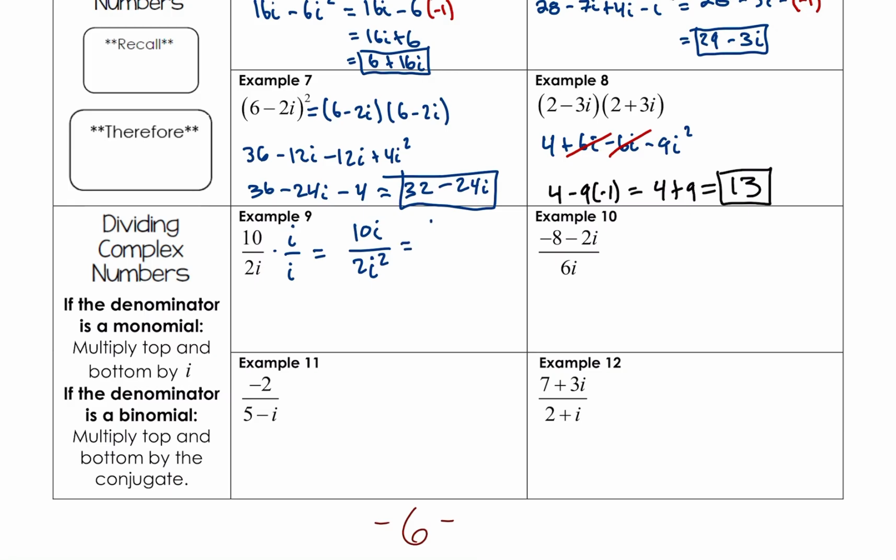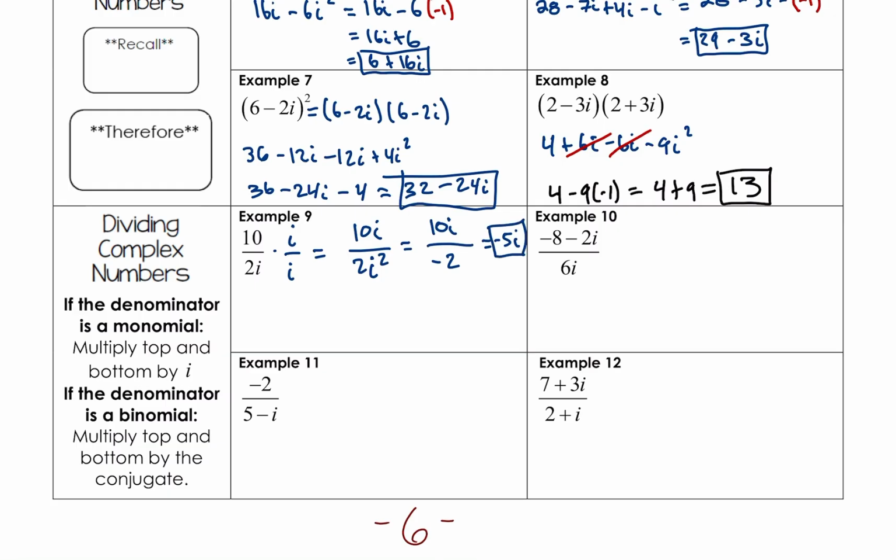So if I plug in my -1 instead of this i squared, I get 10i over -2. And then because both of these are divisible by 2, I can simplify this to -5i. And that would be my final answer.